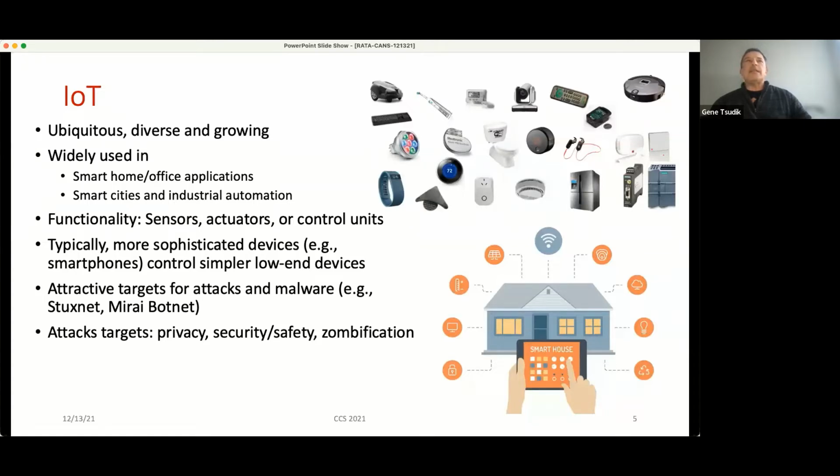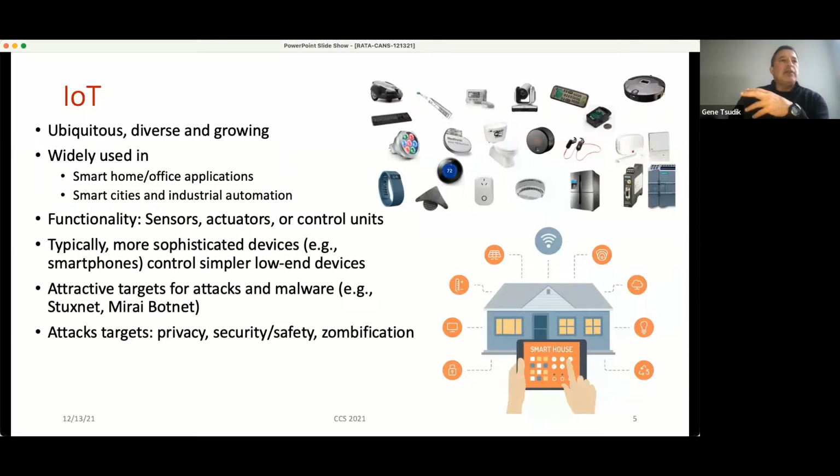But let's focus for a second on what are the targets of these attacks, just to understand the environment a little better. The attacks generally focus on one of three things: privacy, security and safety, or zombification. And privacy is generally an attack on a sensor, right? So if a sensor is infected with malware, there's some kind of an exploit, then the adversary gets to learn what is being sensed.